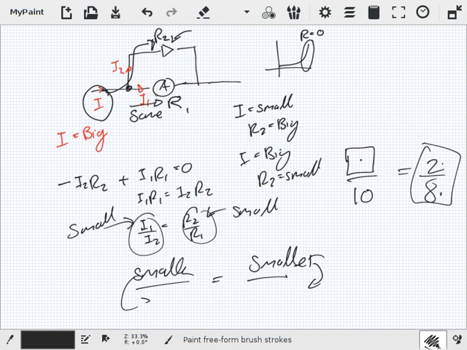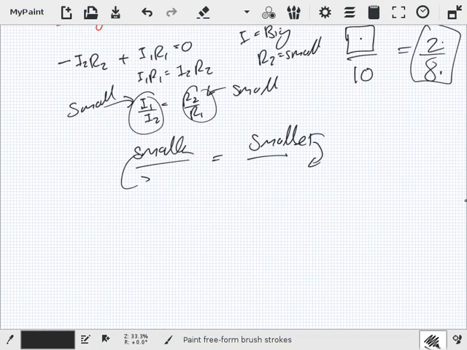Now that's a very difficult question. You'll really have to think about that. It was only 2 marks. You don't have to write all of this down. I was just trying to explain it to you. You can simply remember this result: the diode in parallel will take most of the current when there's a sudden increase in the current.